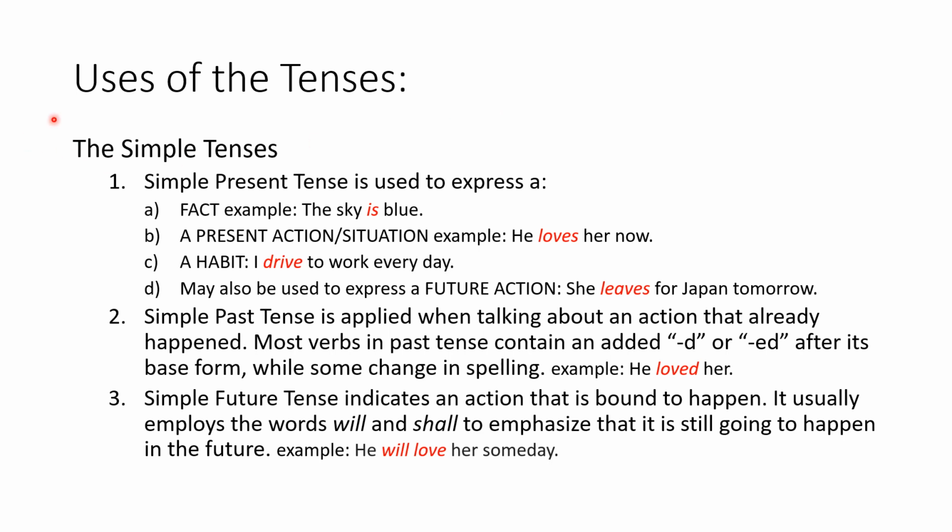Now in this slide, we will talk about the simple tenses: the simple present tense, the simple past tense, and the simple future tense. The simple present tense is used to express, first, a fact. Example: the sky is blue. Can you think of another example of a fact?